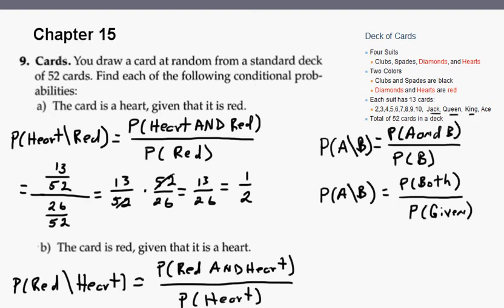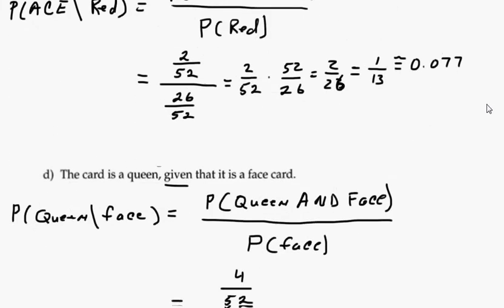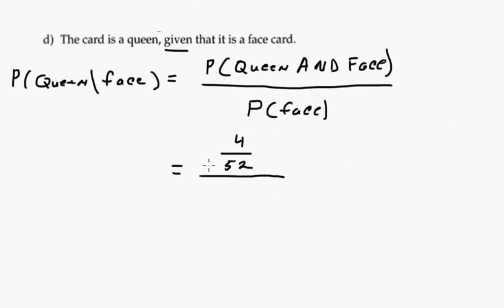That's 3, but there are 4 suits, so that would be 12 in total. So the probability of a face card is 12 out of 52.